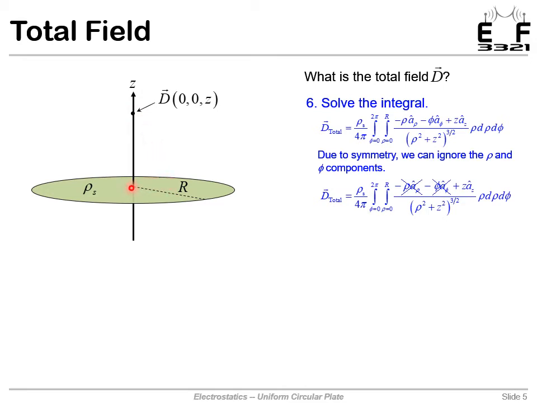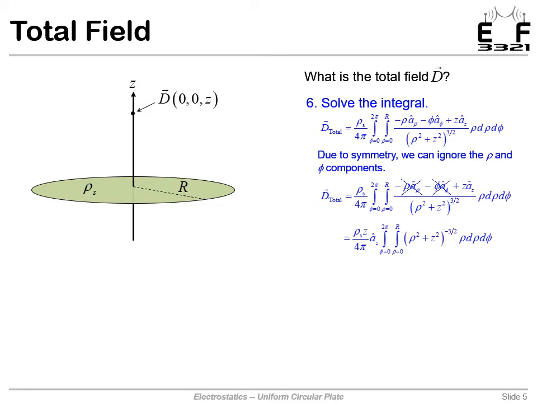Now if I come to the opposite side of the origin and look at the field generated at this point, I have a field in this direction. In fact, the components from those two in the rho direction perfectly cancel. So I only ever end up with a z component of the electric field. That means I can just drop the phi and rho components from the integration because I know they will cancel. So they're gone.